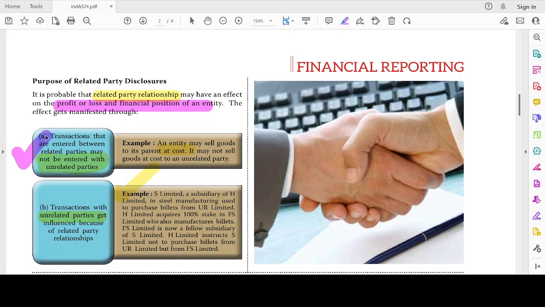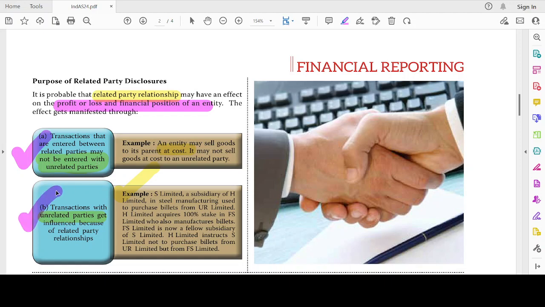For example, I may be a parent and this is one subsidiary to me. That subsidiary may sell its goods to me at cost, but to an unrelated party it may not sell the goods at cost. It will add some margin and sell at a selling price. But since I am the parent, it is going to sell to me at cost.